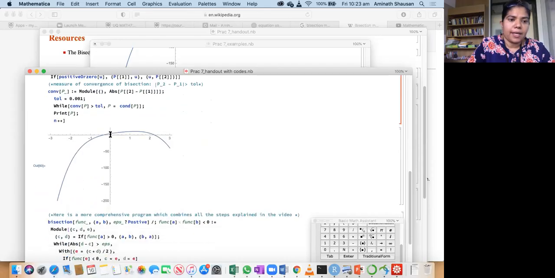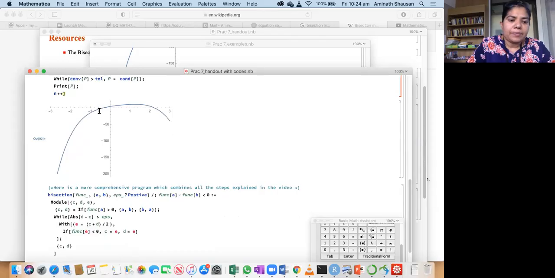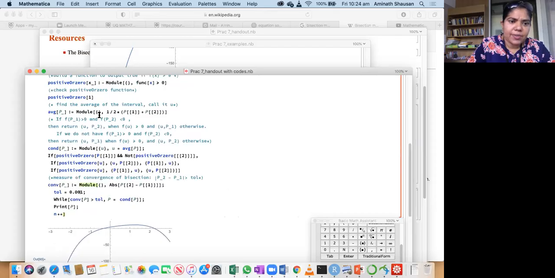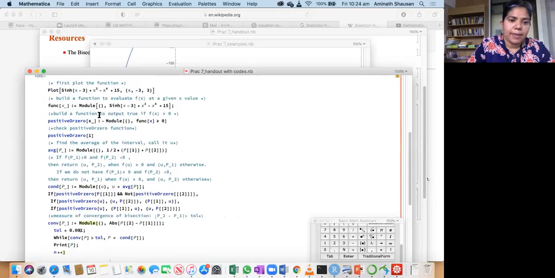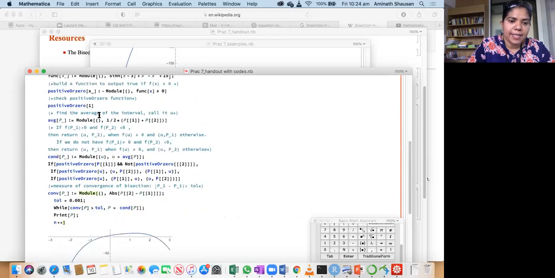And then the last one is the measure of convergence of the bisection, using the absolute value of the distance greater than the tolerance which you will give. Ideally you want the tolerance to be very small for a good approximation. That's a step-by-step method of implementing the bisection method for this example.